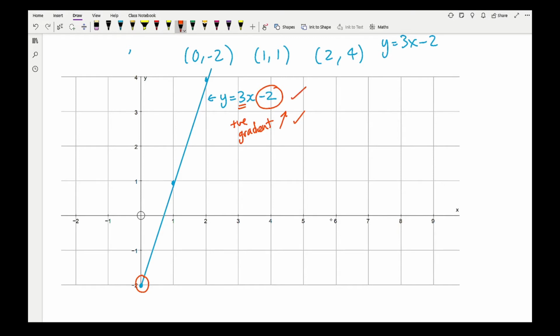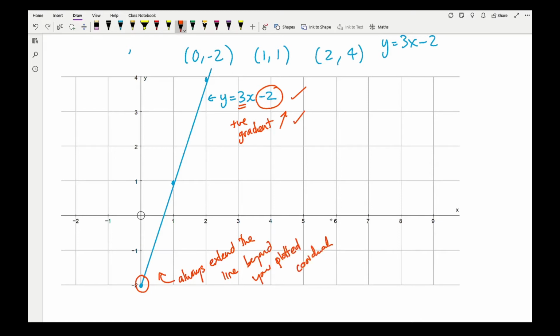Now when plotting, what you want to try and do is always extend the line beyond your plotted coordinates.